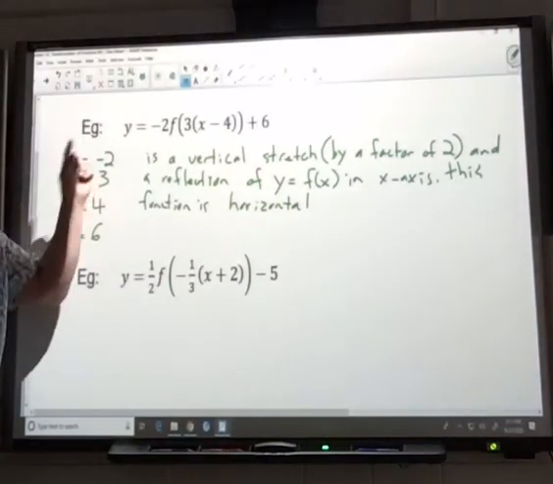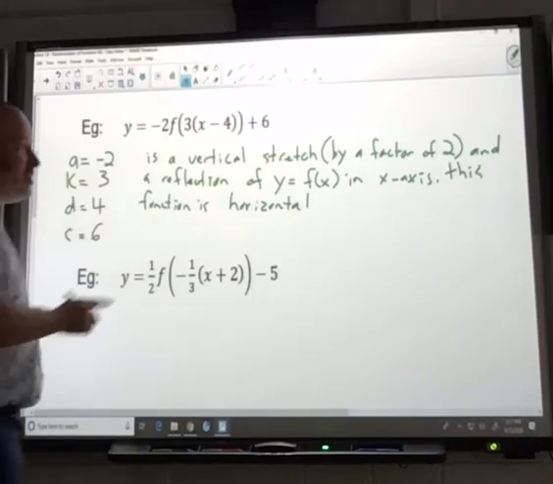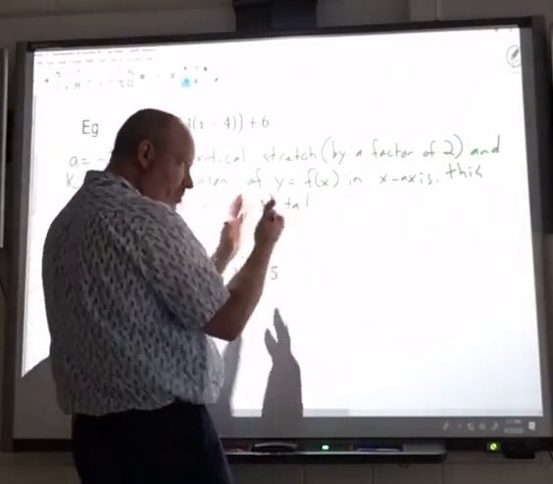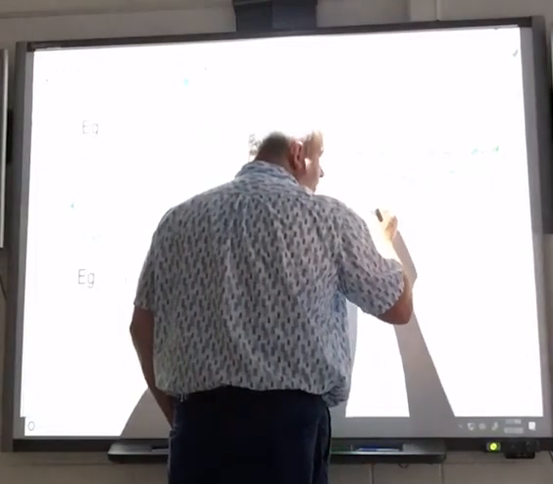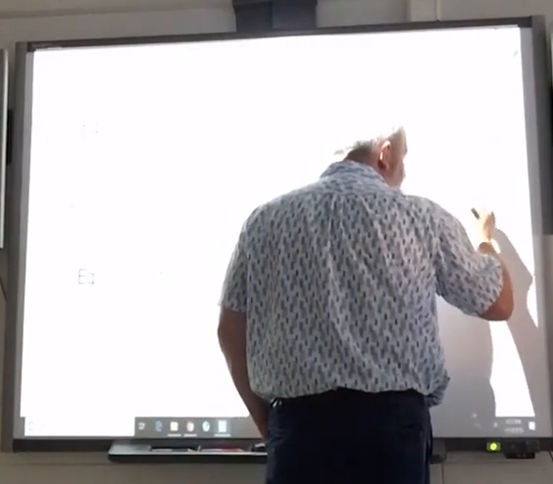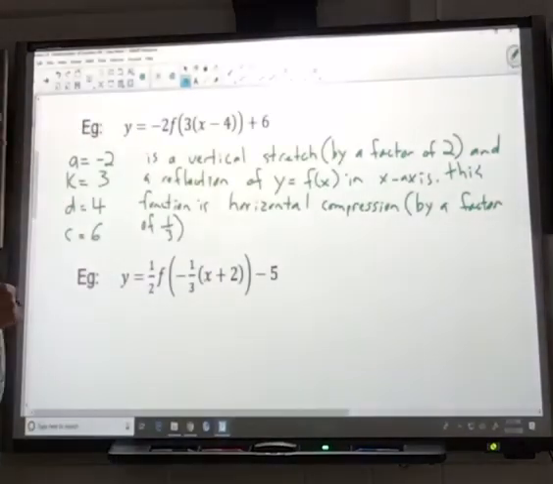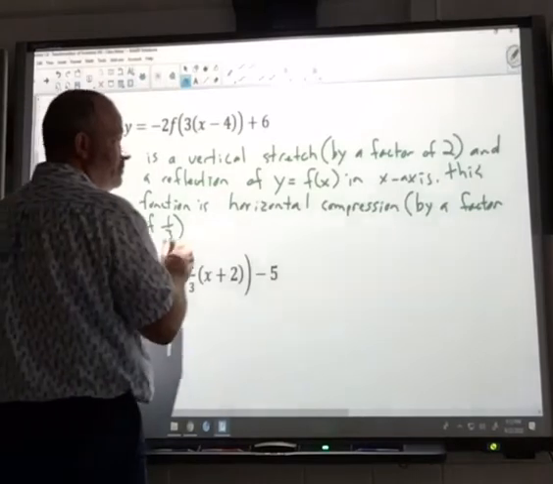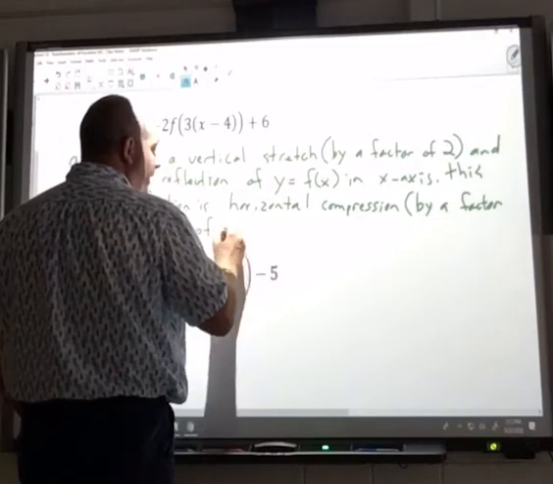Remember, for the K value, it's 1 over K. So we're multiplying our X values by 1/3. It's a horizontal change, and it's making it go closer to the y-axis, so it's compressing. So horizontal compression by a factor of 1/3 of y equals f(x).